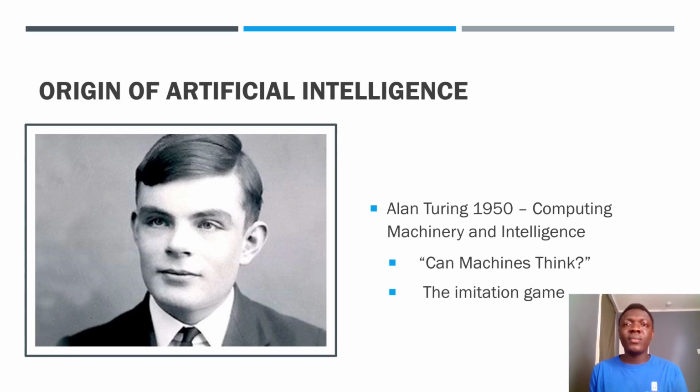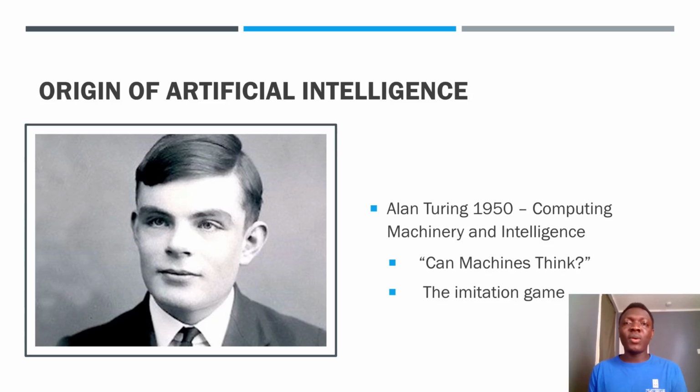Now let's briefly talk about the origin of artificial intelligence. In the year 1950, a man called Alan Turing published a paper titled Computing Machinery and Intelligence. In this paper, he posed a very mind-pondering question: can machines think? It seems in today's world, or even for some time now, the answer to Alan's question is yes, machines can actually think.